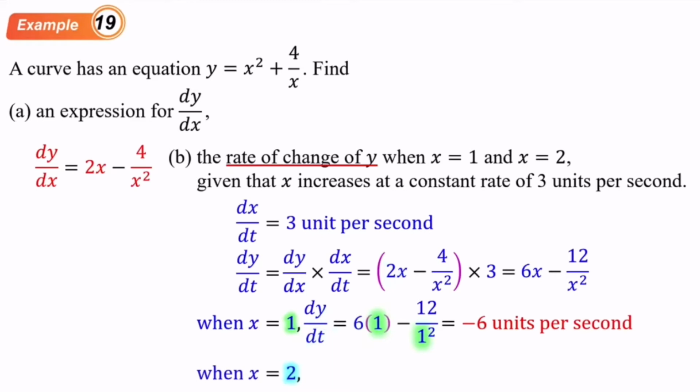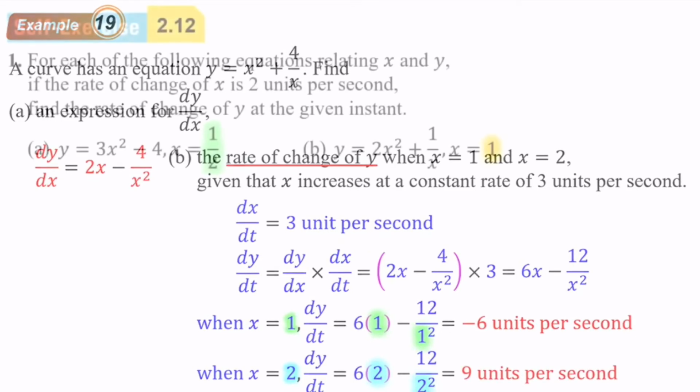So 3, right? So 3 is the dy/dx when x equal to 2. And we have to times with the 3. So the answer is 9 units per second. Okay, so that is how we find the rate of change of y when x equal to 1 and x equal to 2. So it's actually quite simple.